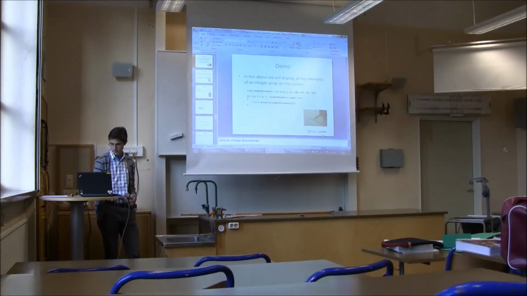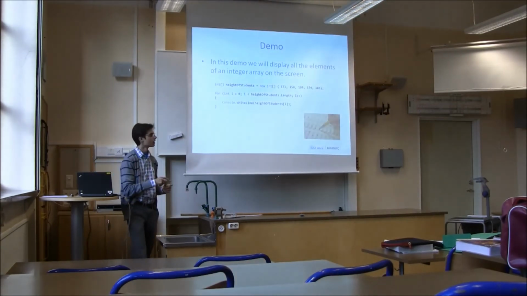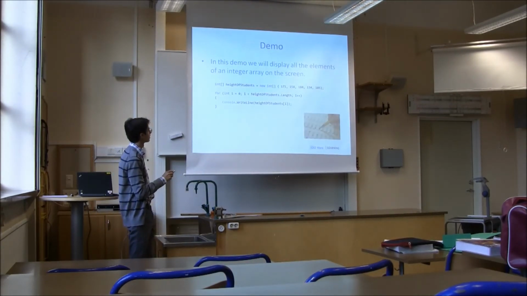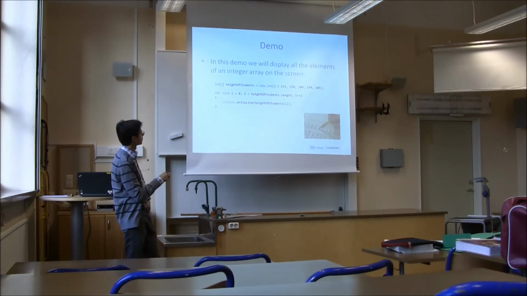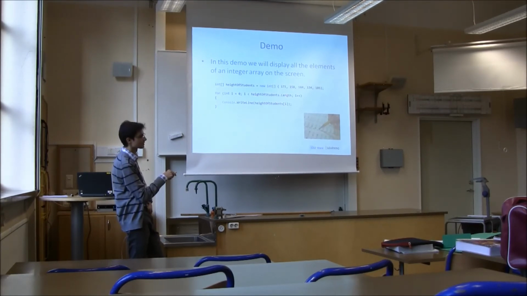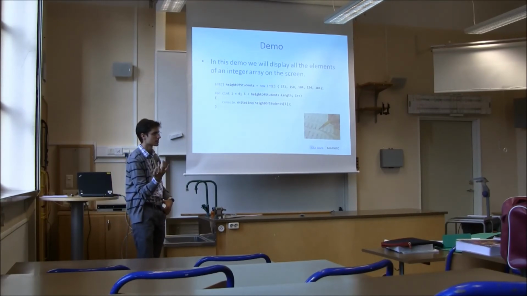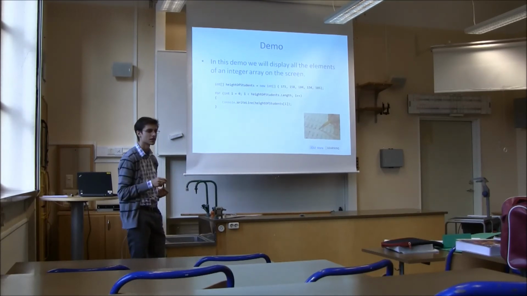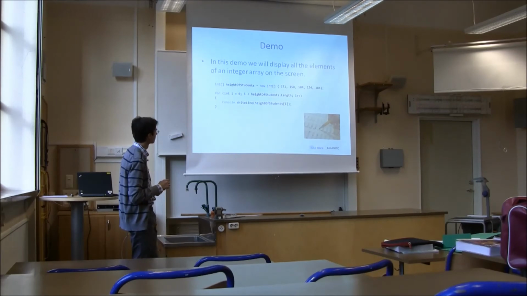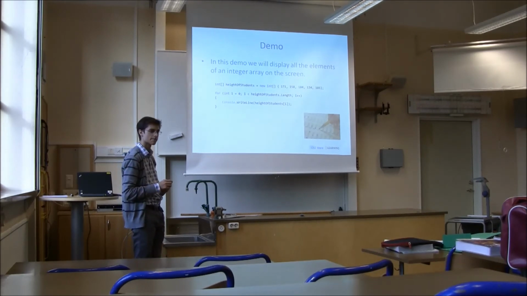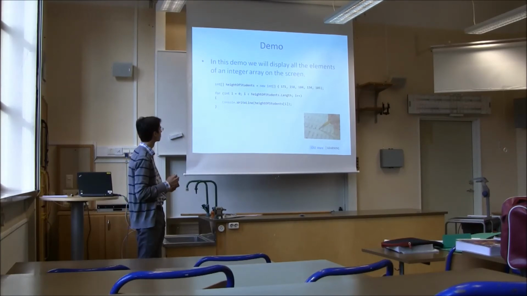But if you would try to write height of students, then open the brackets and write height of students dot length, you will get a compiler error, because then it will try to access an element that does not exist in the array, which is impossible. You understand why? Wait, is this like those things where you input something and something is taken out? Yes.